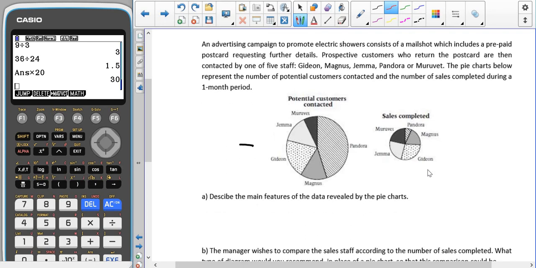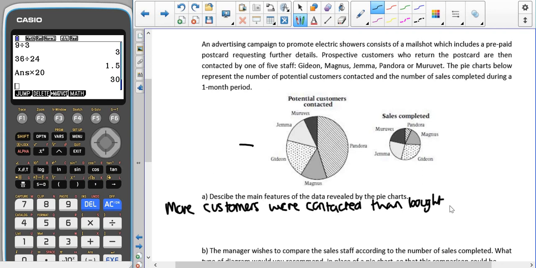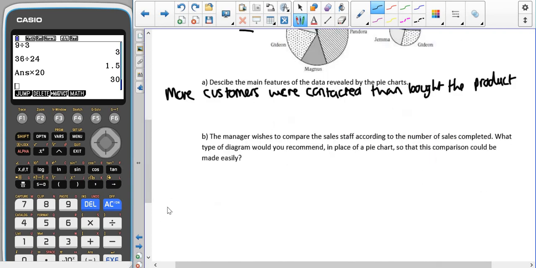So if we were to describe the main feature of the data revealed by the pie charts, it's that more customers were contacted than bought the product. This is as expected.